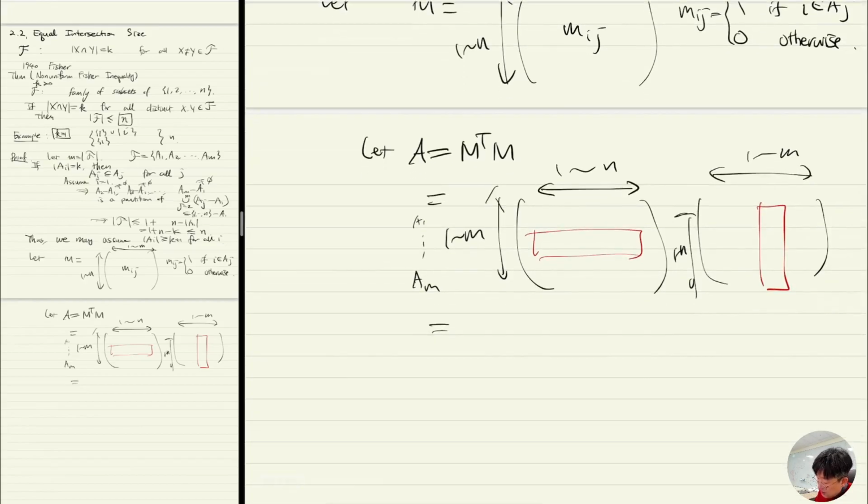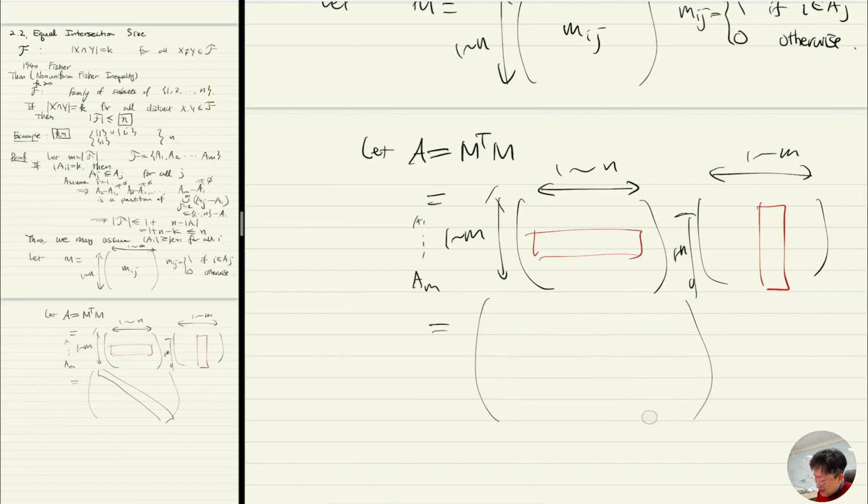On the diagonal, you're going to have the cardinality.